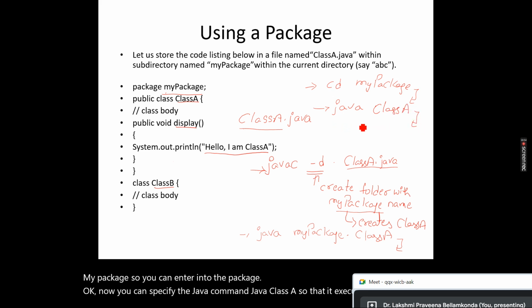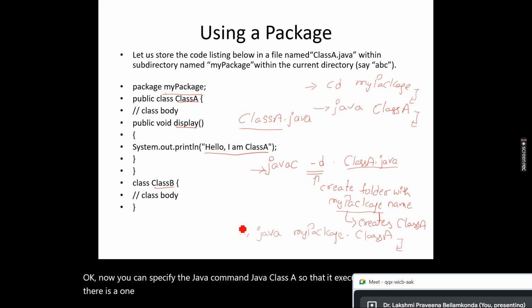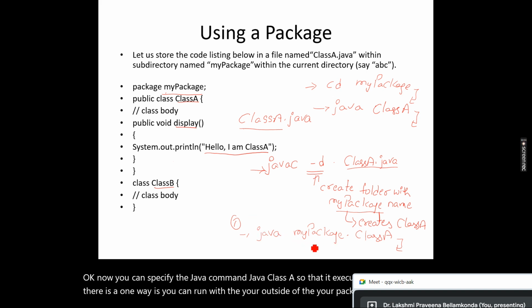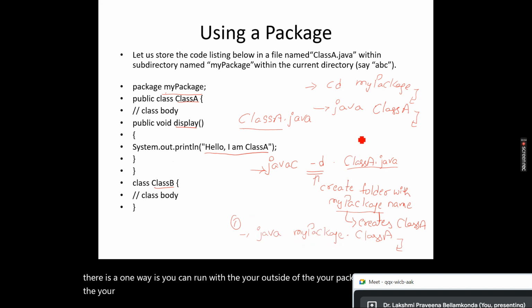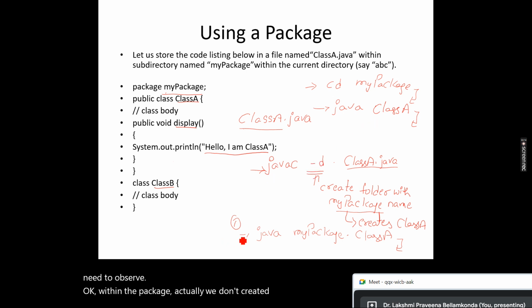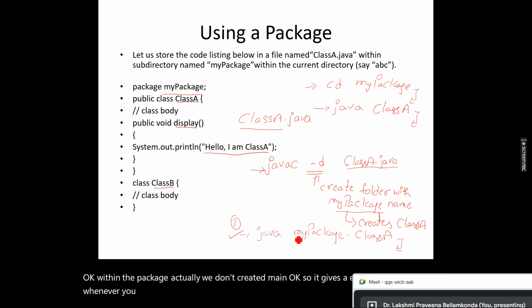So one way is you can run from outside of your package folder, the package class A, otherwise you can do it like this. But there is one thing you need to observe. Within the package we actually didn't create a main method, so it gives an error. Whenever you say java my package dot class A, it gives the error because there is no main method in that.